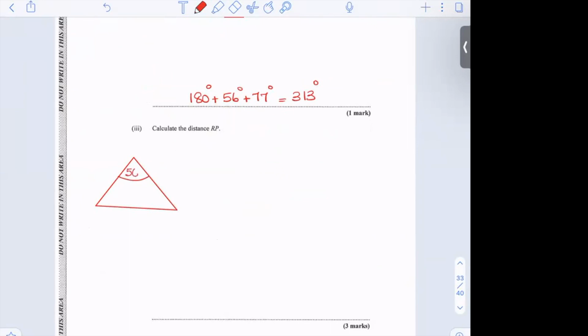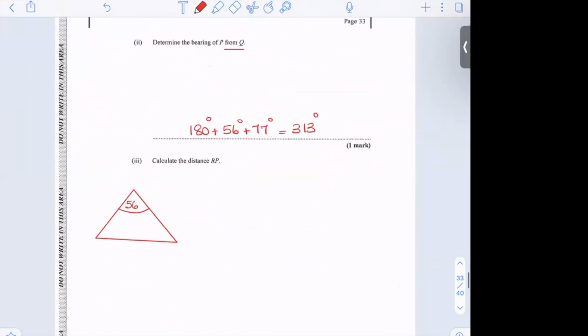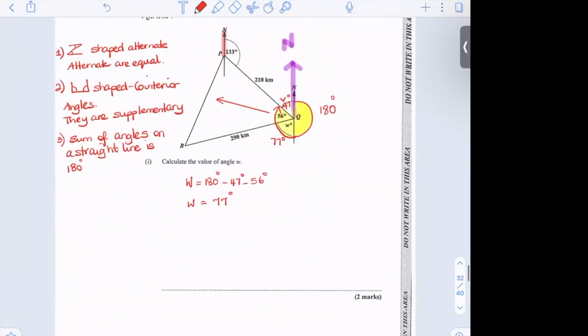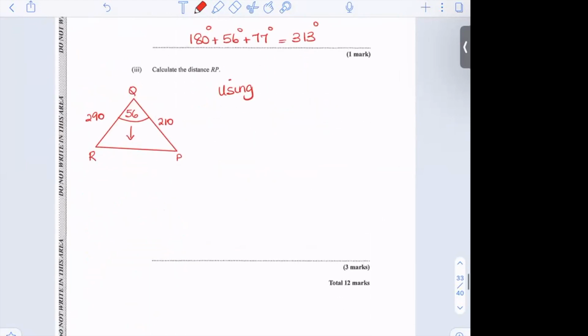This is 56. We have QPR. We want to find RP. QR is 290 and QP is 210. Using, and this is the application of the cosine rule, it is always 3 marks.